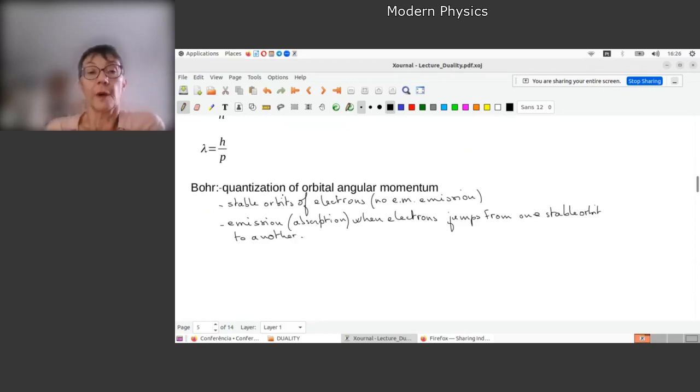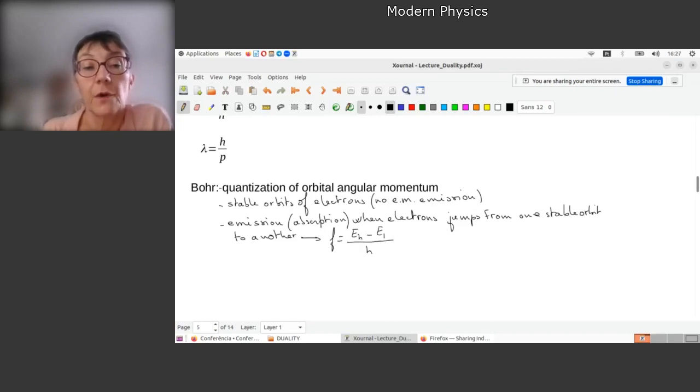And actually, the quantum number characterizes these stable orbits and this emission frequency. Emission or absorption occurs at a frequency f, which is the energy of the higher orbit minus the lower one, of the two stable orbits, over h.